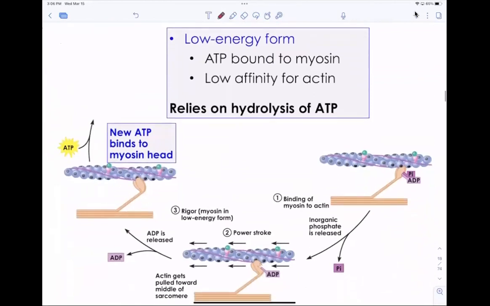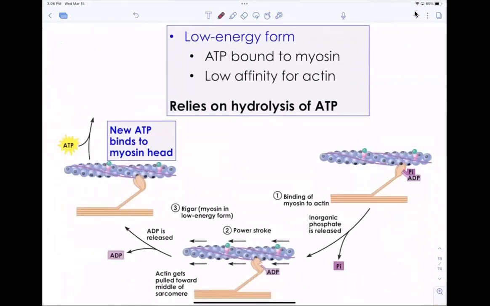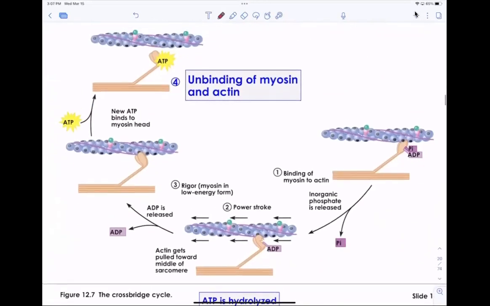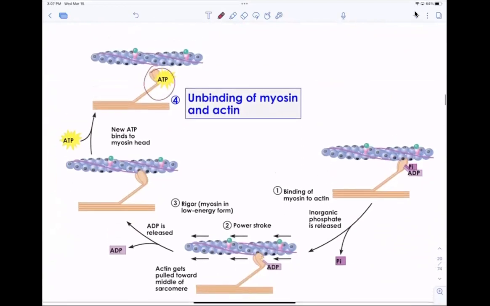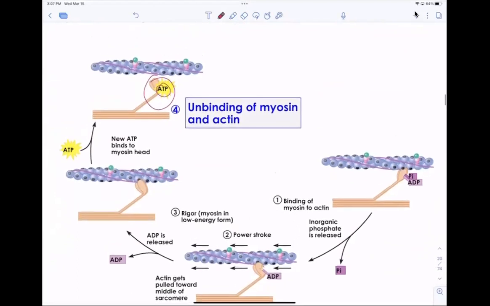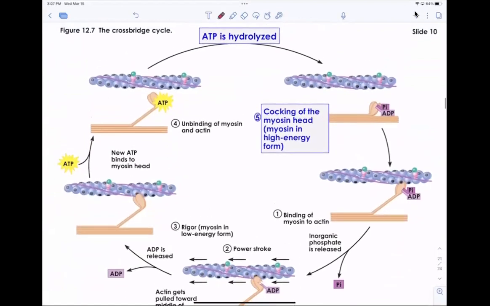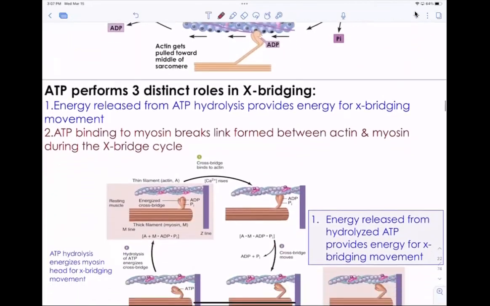Now, in the low energy form, a new ATP has to bind to the myosin head to lower the affinity for the actin strand. So the myosin head then releases the actin strand, or unbinding of the myosin. That new ATP is hydrolyzed by the ATPase enzyme, re-energized, and can now form a new cross bridge. And so that's the cross bridge cycle.